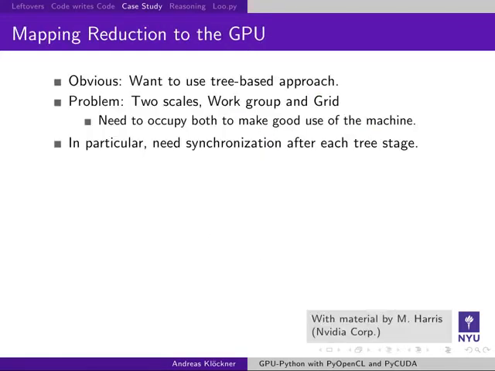Well, we want to use this tree-based approach, but on the other hand, somehow we have these two scales on the GPU that we need to accommodate in OpenCL also, right? We have the work item, we have the work group as one scale. Obviously, the whole tree is not going to fit into one group. So we have to have one structure within a work group, and then we have to have another structure above the work group. How is that going to work?